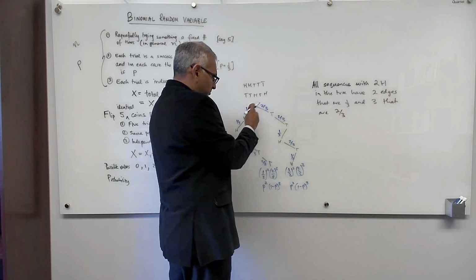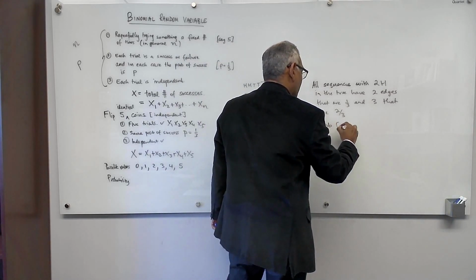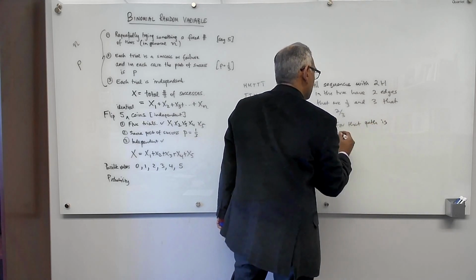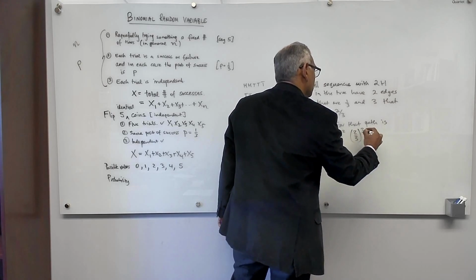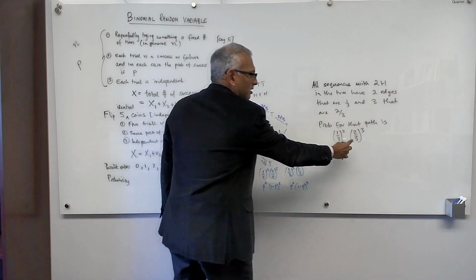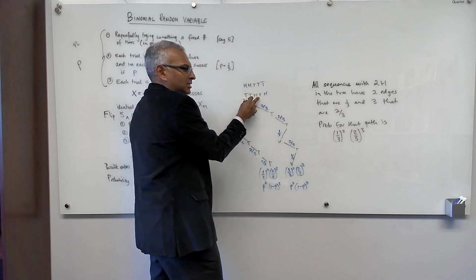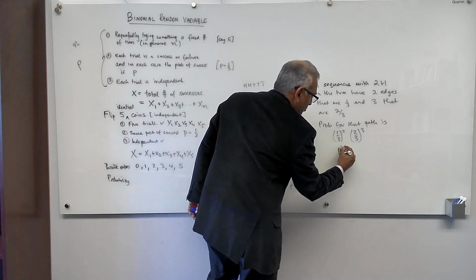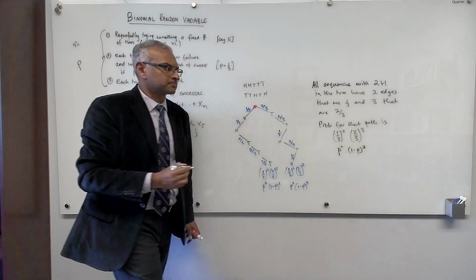When you multiply the edge probabilities, the probability for that path is 1/3 squared times 2/3 cubed. The squared has to do with the fact that there are two successes, two heads, and the cubed has to do with the fact that there are three tails, or three failures. More generally, if it was not 1/3, it would be p squared times 1 minus p cubed.